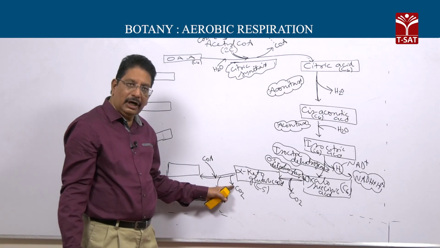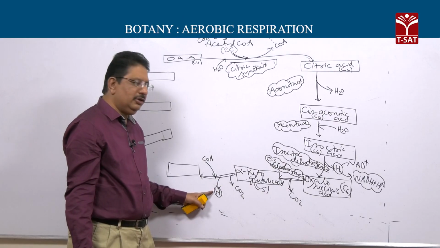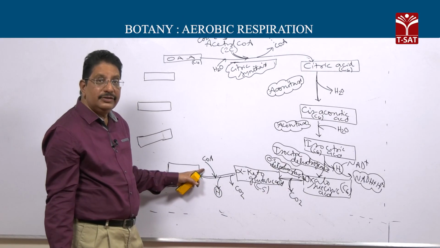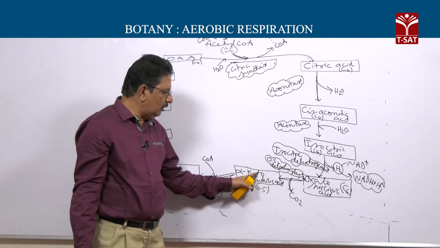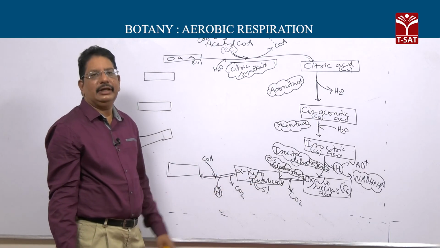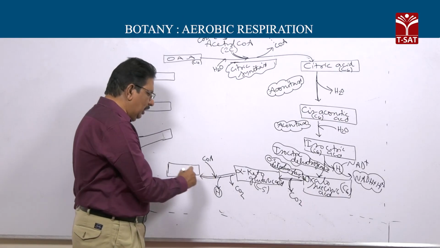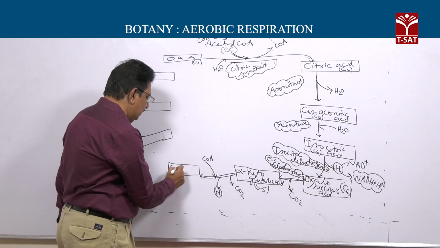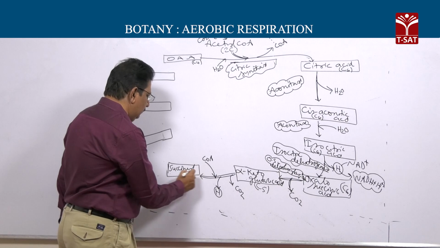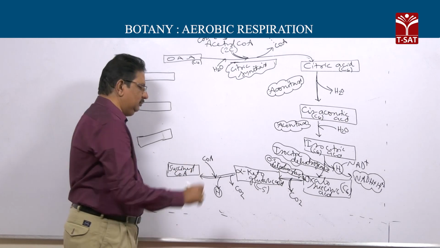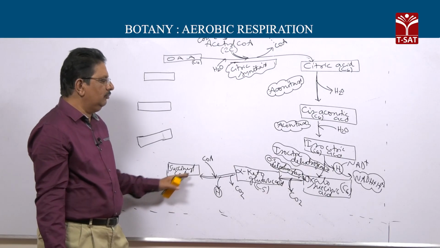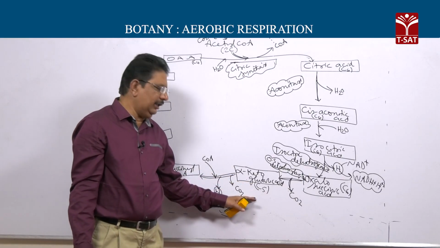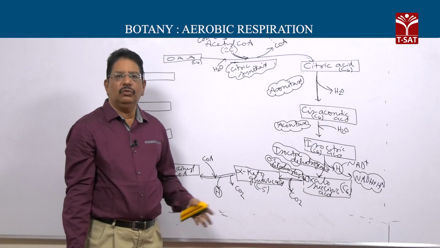So, decarboxylation, dehydrogenation and condensation occur during the conversion of alpha-ketoglutaric acid, and that product is succinyl coenzyme A. Succinyl coenzyme A is formed from alpha-ketoglutaric acid after what?